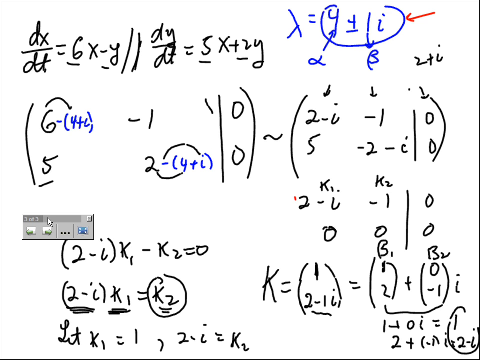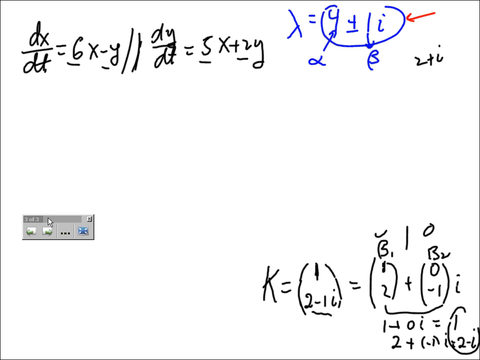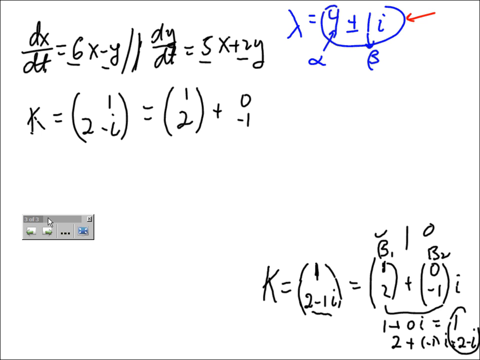Now once we find B1 and B2, life becomes rather simple. We have that K is 1, 2 minus i, which is 1, 2, plus 0, negative 1i.